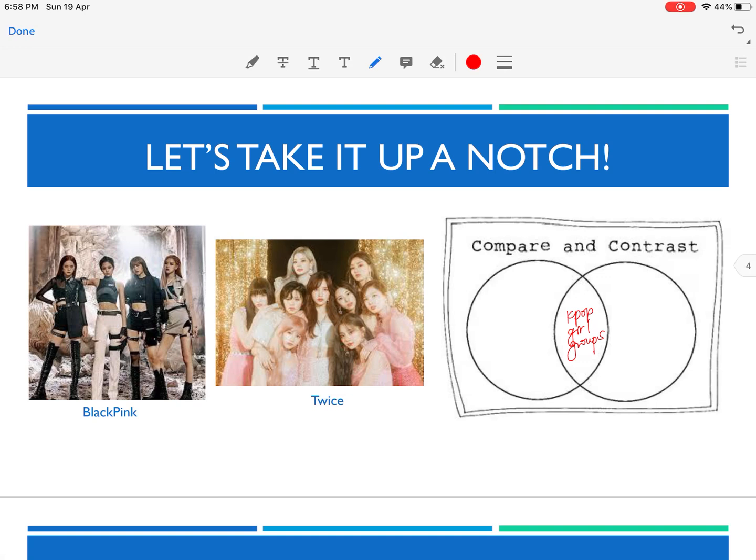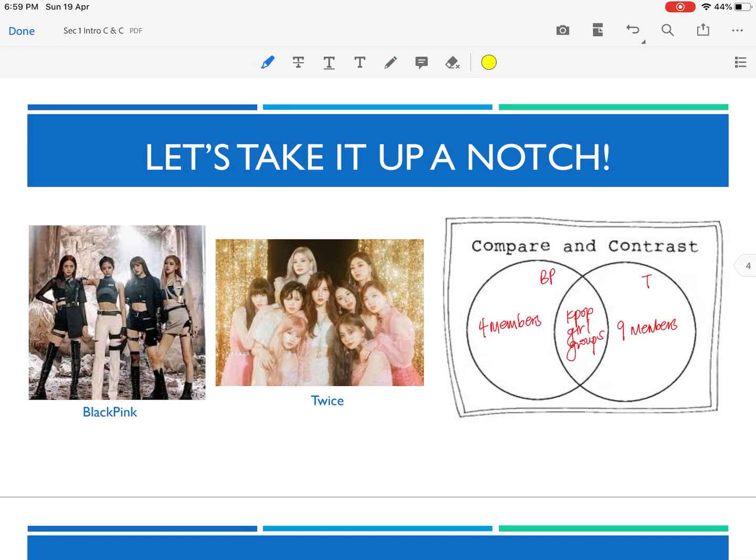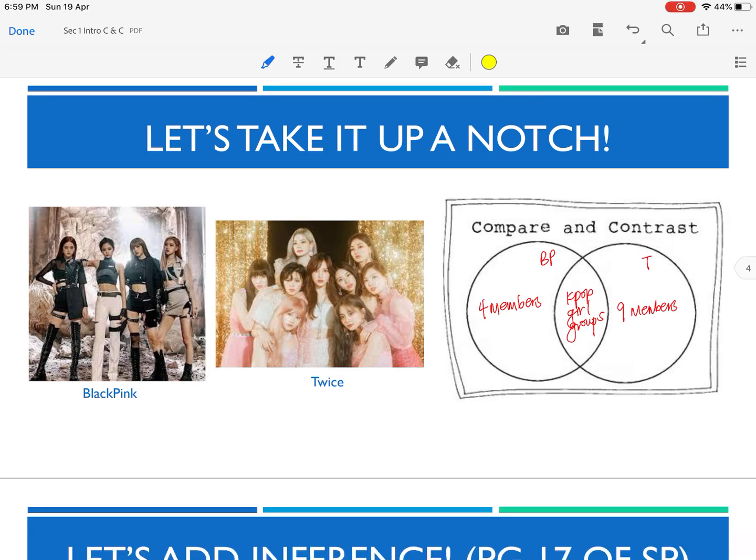However, the difference, give me one difference, it would be Blackpink has 4 members, right, for Blackpink, whereas Twice has 9 members. So they are different in telling you the number of members in the groups. Okay, so that is the similarity and difference.